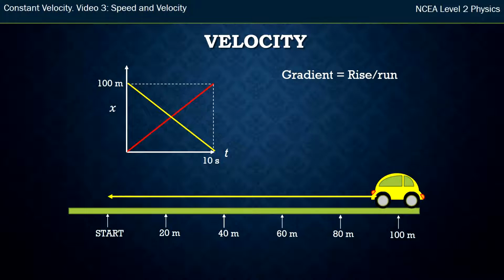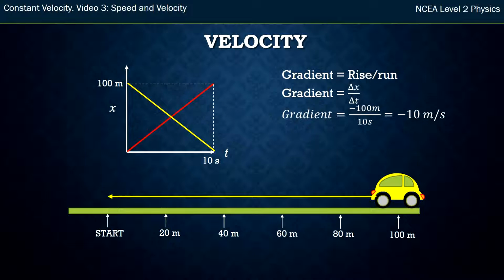Same thing, rise over run. The gradient is change in position divided by time. Now the change in position is a bit of a tough one. It is not 100. It doesn't start at 100 and get to 0, so it changes its position by 100. It's changed its position by negative 100, because change in position is always the final minus the initial.